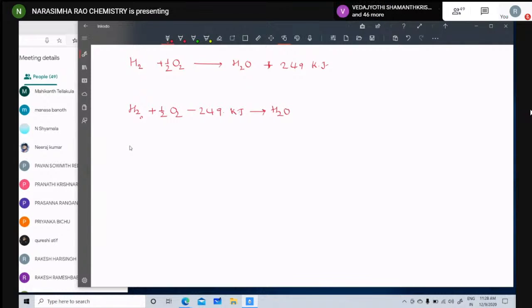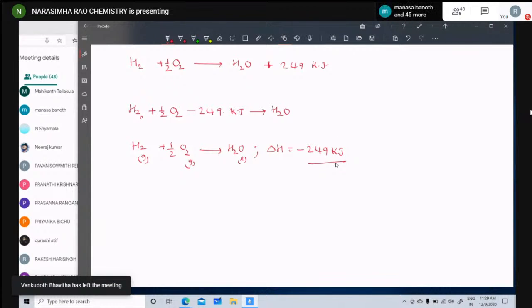And finally, the thermochemical reaction: H2 gaseous plus half O2 gaseous gives rise to H2O liquid; delta H is equal to minus 249 kilojoules. Right, children? Now, why are we giving the negative sign here? Let me discuss. Heat is given off, sir.